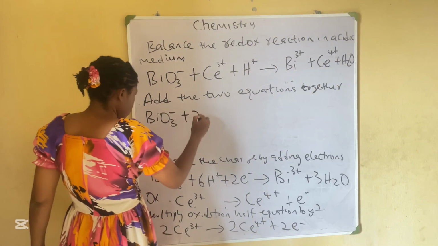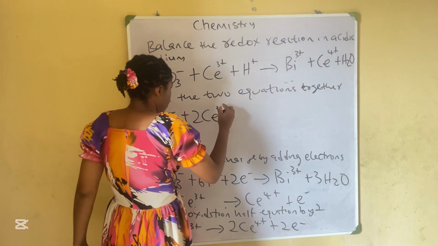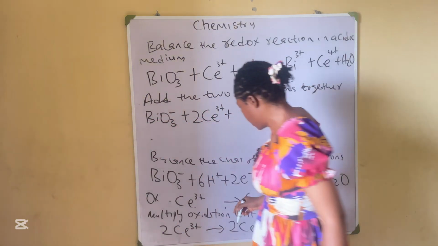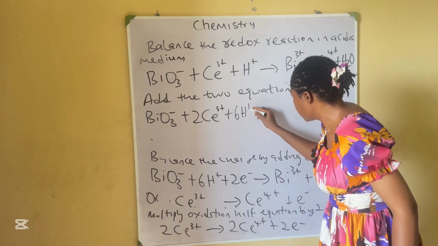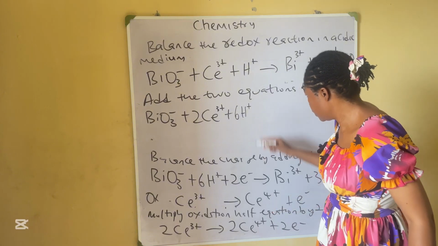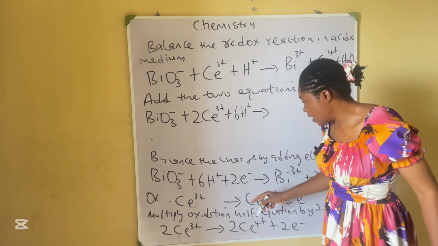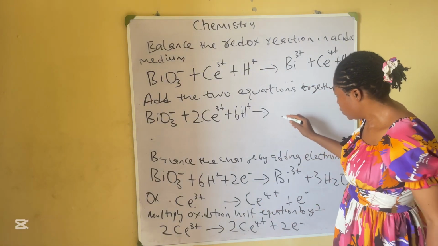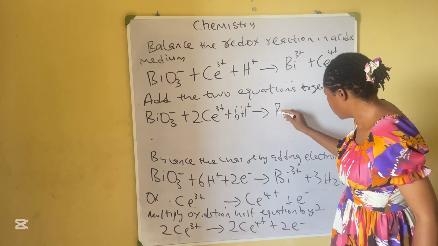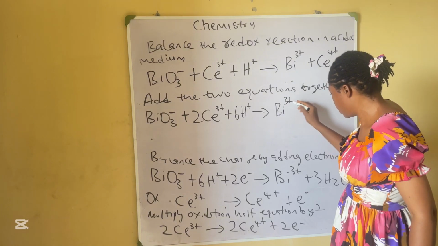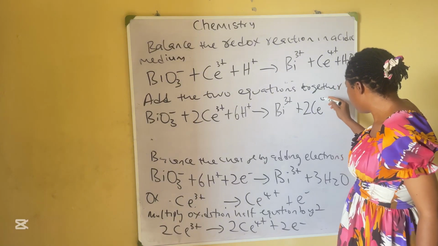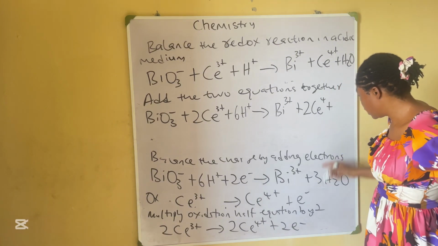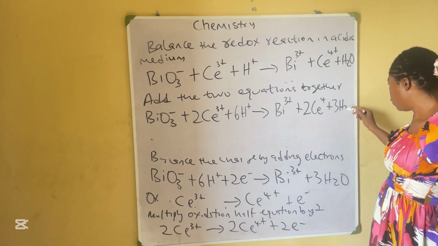I have a 6 hydrogen ion. The electrons have cancelled out. Then Ce4+ and 3 molecules of water.